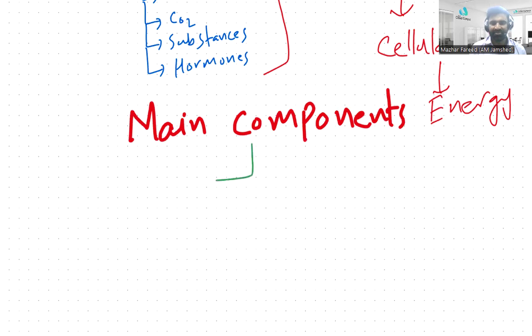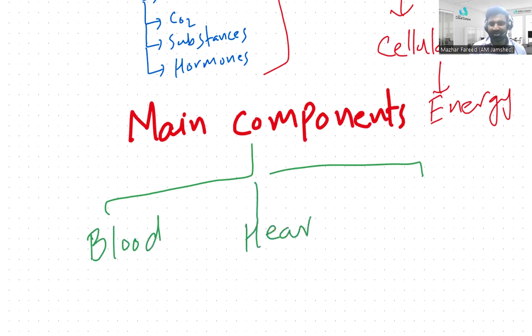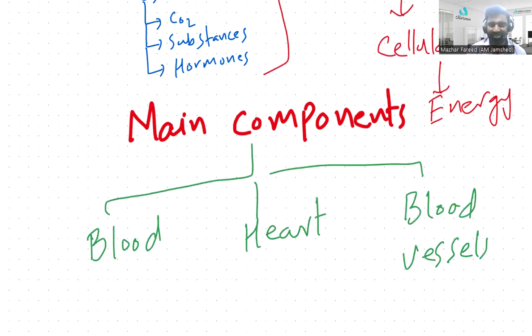These three main components are: one is known as blood, that is the circulatory fluid; second is the heart, that pumps the blood through the body; and third is the blood vessels, through which blood circulates. These three components make the complex network system of the circulatory system. Firstly, we have to explain blood.